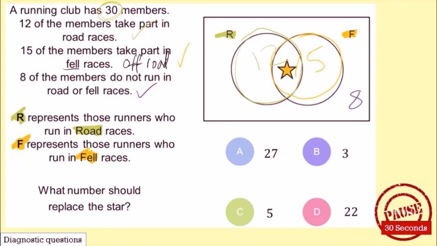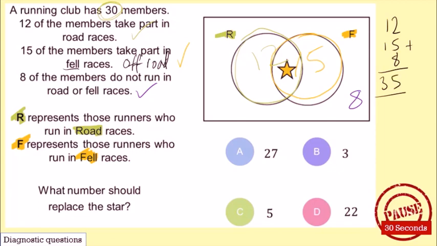Now the question is, how many are in the middle? Before I answer that question, I need to add up 12, 15 and 8. So if I add them up, that comes to, okay, so it's not 30, it's 35.